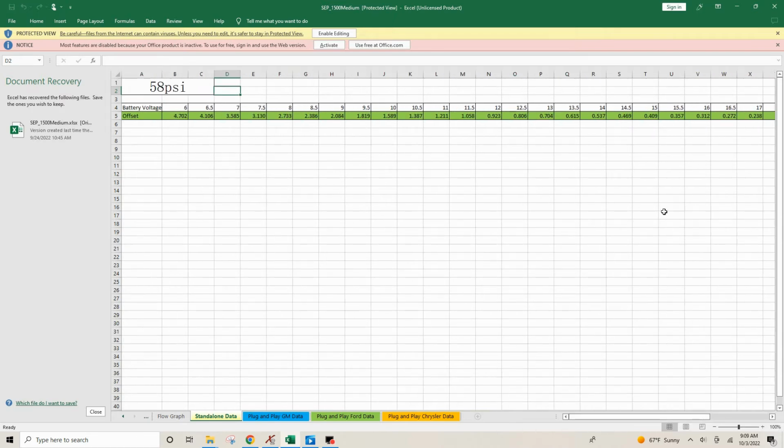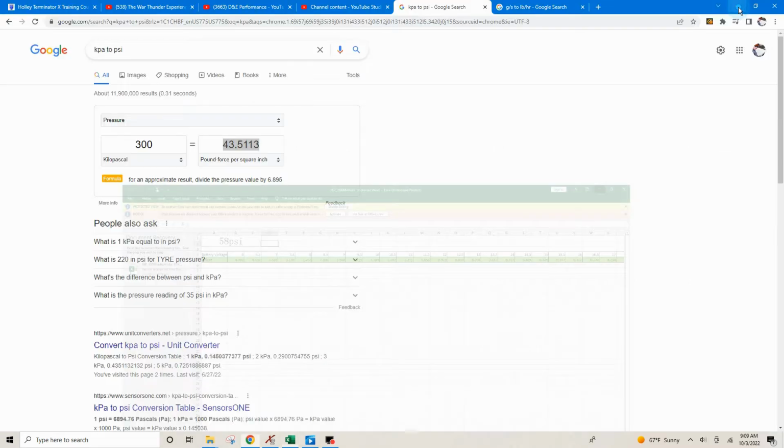That makes our tuning, or our idle circuit dial-in, a little bit easier. And this information will already be in the Holley for the tuner, so that'll save him some time and saves you some time.